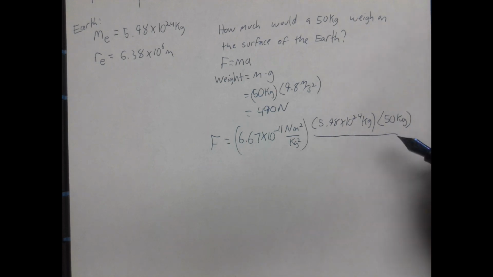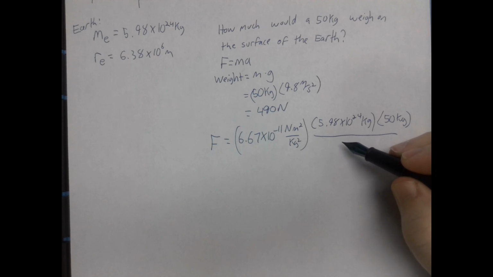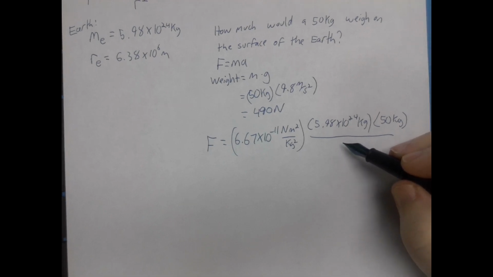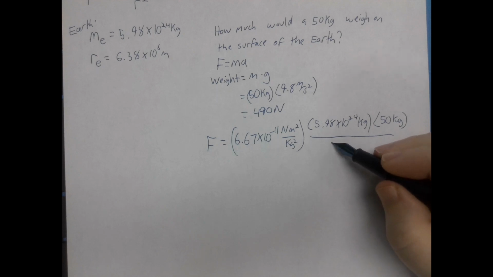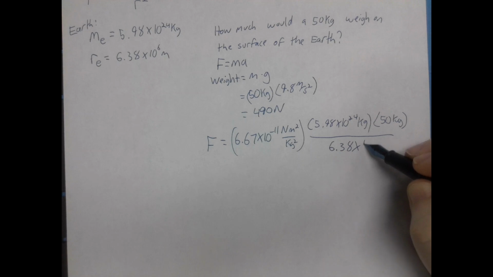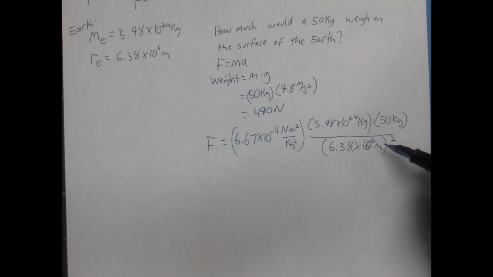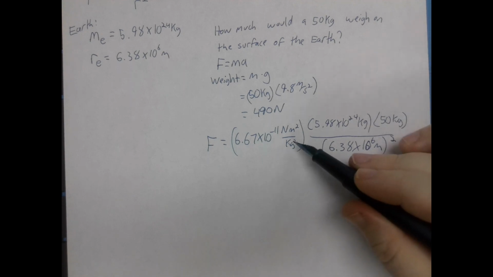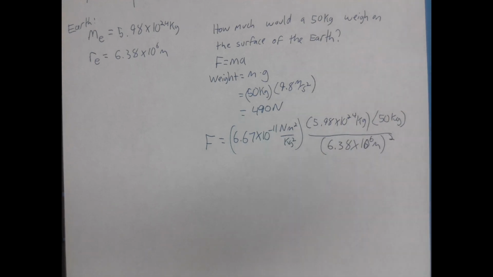And the distance between the centers, note that this distance r is from the center of mass of one object to the center of mass of the other. So it would just be the radius, 6.38 times 10 to the 6 meters, and we square it. So meter squared, kilogram times a kilogram is a kilogram squared. So we're just left with newtons.